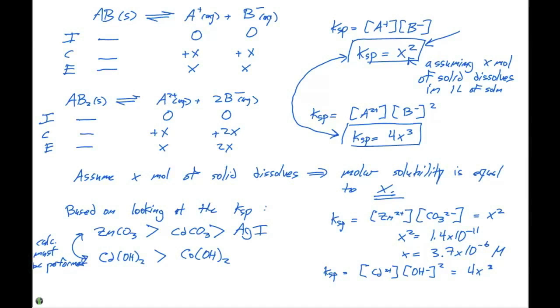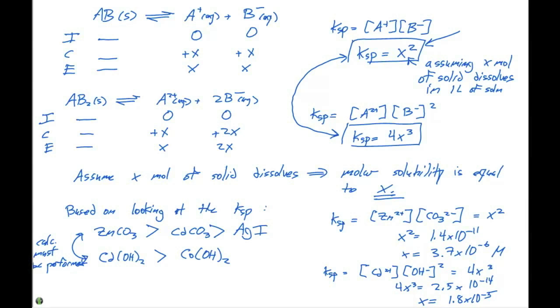If we plug in the given KSP, 2.5 times 10 to the minus 14th, that's going to tell us that x is going to equal 1.8 times 10 to the minus 5.